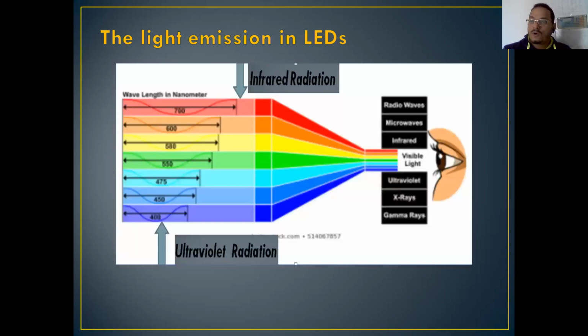And like I said before, we can generate many spectrums. We can generate lights at all these wavelengths, in nanometers, by using a diode, LED light, or LED diode. But here we focus on the visible light.